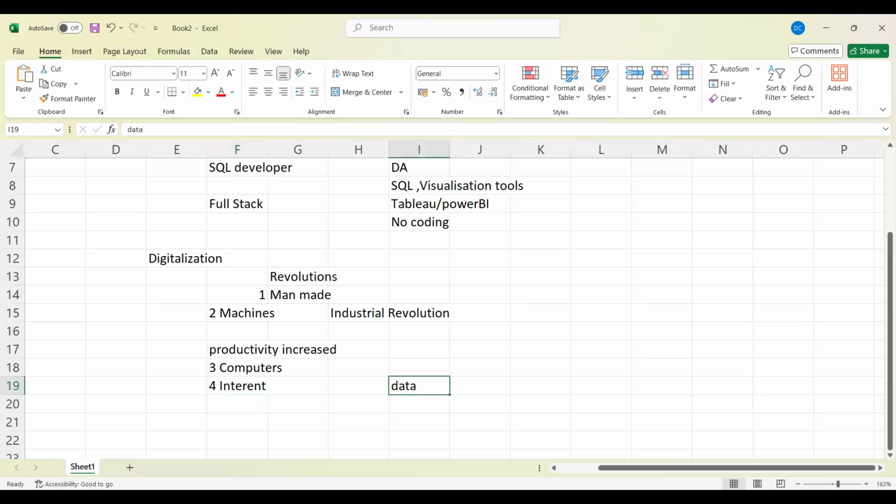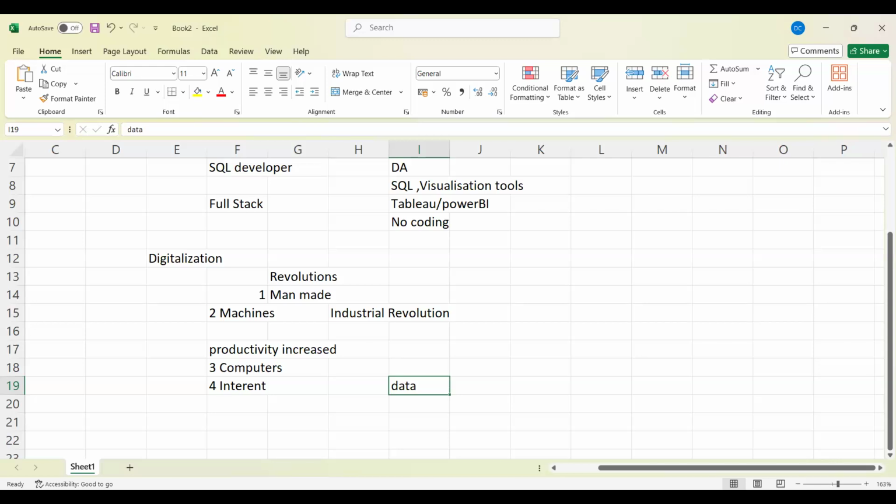Okay, so the reason I'm saying all these things is that we need to understand how computers came into the picture and how the internet came into the picture. After the internet, you can see that over the last five to six years, the usage of internet has increased a lot, maybe from demonetization or from the lockdown due to the COVID pandemic.